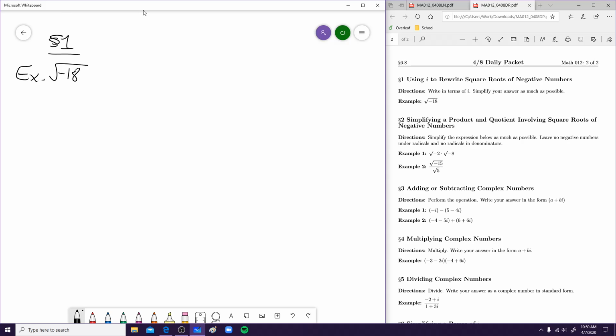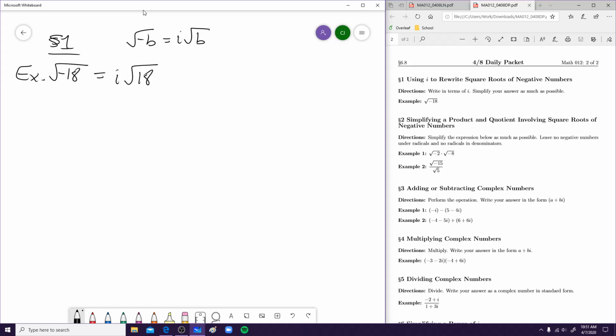So this is using that definition of the square root of -b. The square root of -b is equal to i square root of b, as long as b is real, and 18 is a real number. So this becomes i times the square root of 18. Right? So we want to simplify as much as possible.